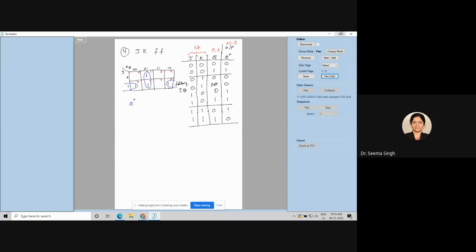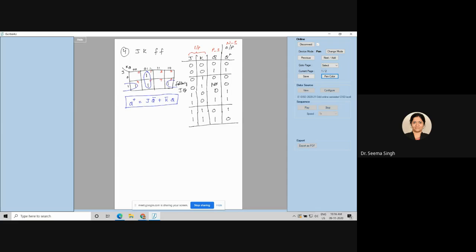So Q plus becomes, for these two, J and Q bar, so J Q bar. And what is the other one? This is K bar Q, right? This is what he gave as the answer. So you have J Q bar and K bar Q. This is your characteristic equation of the JK flip-flop, right?